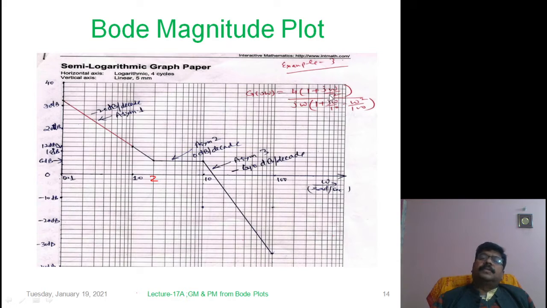Since the net is 0 minus 40, that results in minus 40 dB per decade from 10 up to the next decade, that is up to 100. So this is the Bode magnitude plot for this transfer function.